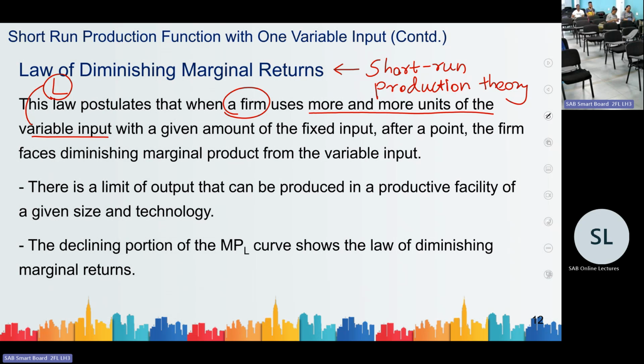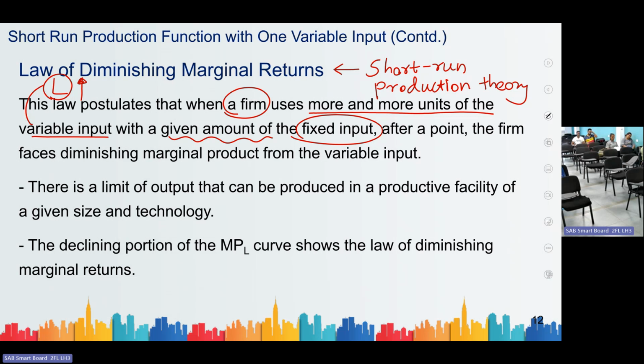So when a firm increases its labor input, from one unit and another unit likewise, with a given amount of fixed input, meaning the amount of fixed input is constant.